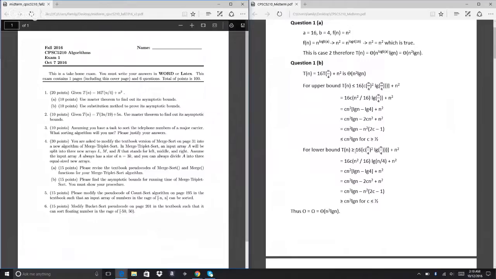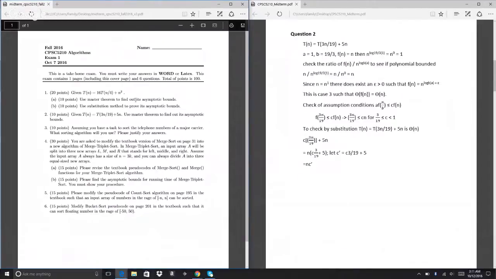Because you're trying to prove that it's greater than, you want c to be less than 1/2. So instead of trying to keep this negative, you're trying to keep it positive so that this term is always bigger than or equal to this term. Both the upper bound and the lower bound come out to be c n squared log n. So big O is equal to omega, which is equal to theta of n squared log n.